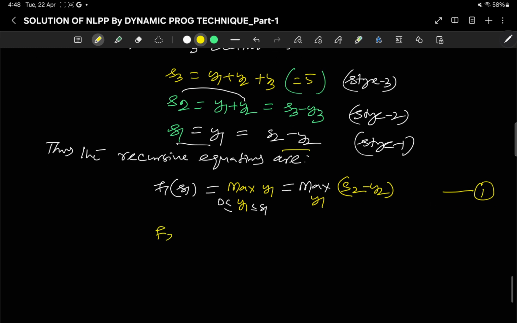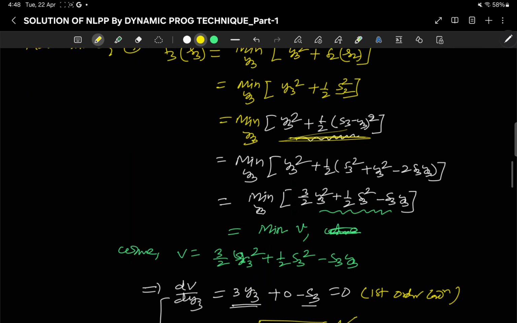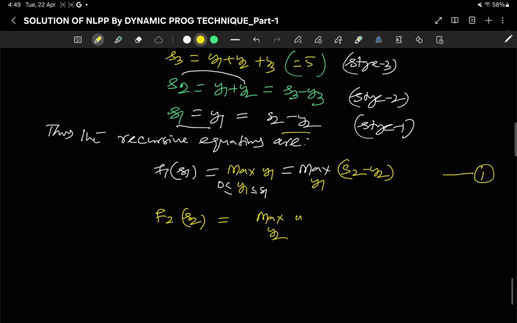Then what is my F2(S2)? It is maximize over y2 of y2 into y1.